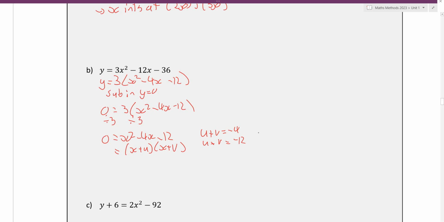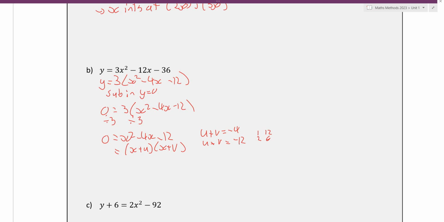Now, for -12, we could have 1 and 12, 2 and 6, and I'd say that's going to be the one. I'll just explain my thought process here, guys. Because they both multiply to a negative number, what can I tell about the signs of my two numbers? One's positive, one's negative.